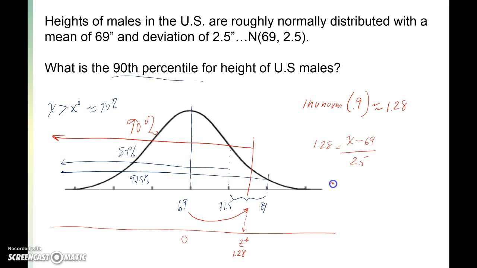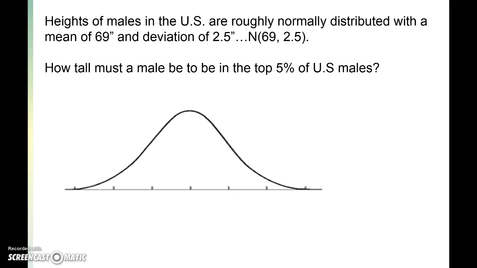A little bit of algebra is going to give me 72.2 inches. So the 90th percentile for height is 72.2 inches. Okay. Let's go ahead and do one other example.